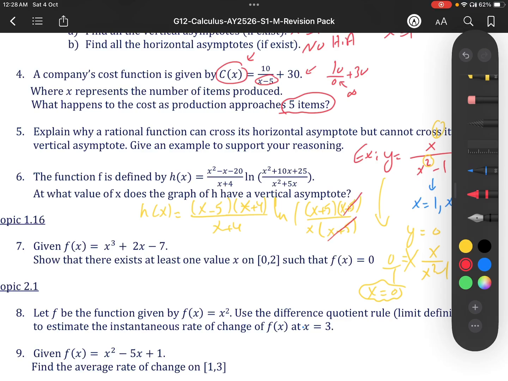So x plus 5, x plus 5, x plus 4, x plus 4 is going to be x minus 5 ln x plus 5 over x.